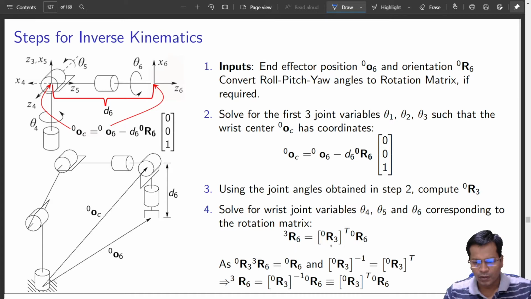So altogether each of them is a combination of multiple rotation matrices. Altogether 6 transformation matrices are there.